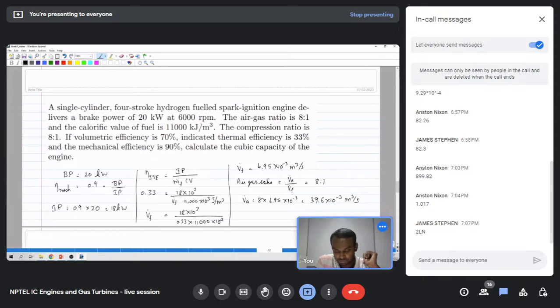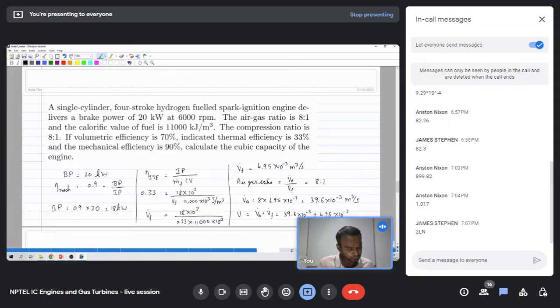Now I think it is simple to calculate the cubic capacity. We know the total volume flow rate V dot is equal to V dot A plus V dot F, which will be 39.6 into 10 power minus 3 plus 4.95 into 10 power minus 3.